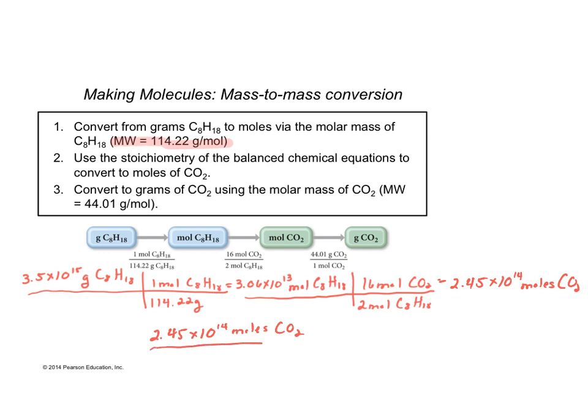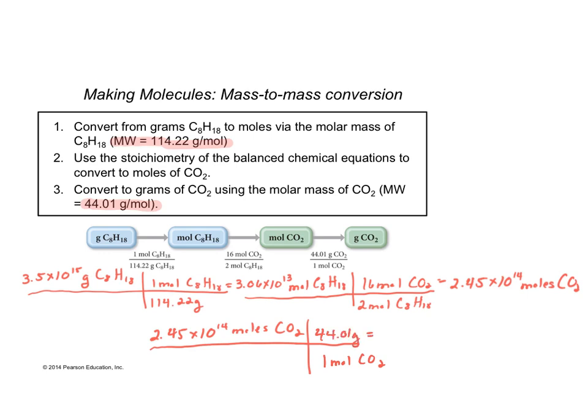I'm going to multiply by the molar mass for CO2. Again, nice and lucky that somebody's already calculated the molar mass for CO2. This is 44 grams per mole. So we'll take that. For every 1 mole of CO2, I get 44.01 grams.